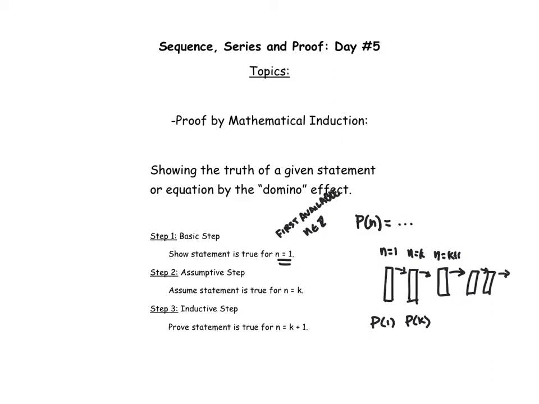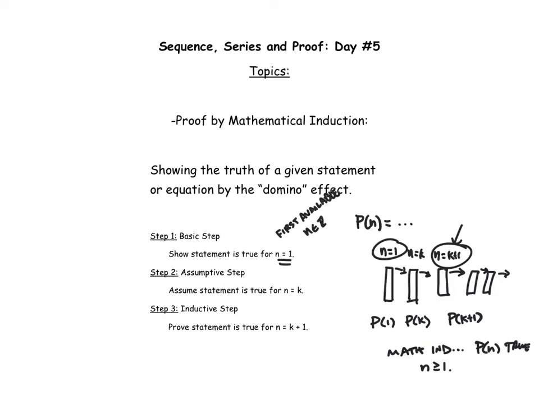Because if I can show that n equals 1 is true and n equals k plus 1 is true, this is a general term allowing me to show that the next term will always be true for that statement, which allows me then, by math induction, to show that P of n would be true for all n greater than or equal to whatever value I start with. So let's say we started with 1.